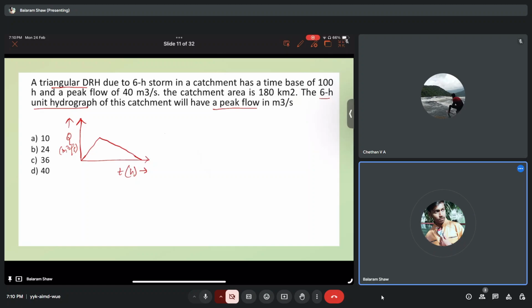Now what it has mentioned, so this is the direct runoff hydrograph. We have the triangular direct runoff hydrograph due to a 6-hour storm. So we have a 6-hour storm, and the catchment has a time base of 100 hours. Time base, we know, starts from the start of the event to this point. So it is 100 hours.